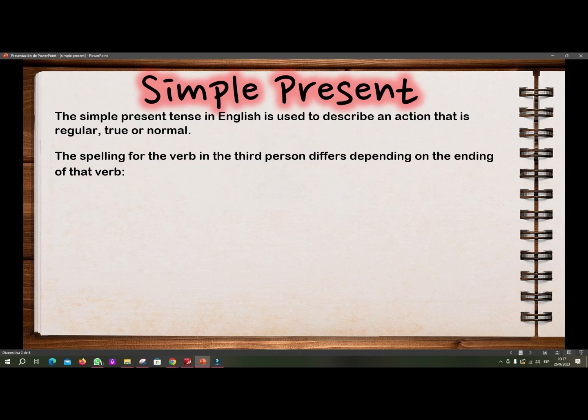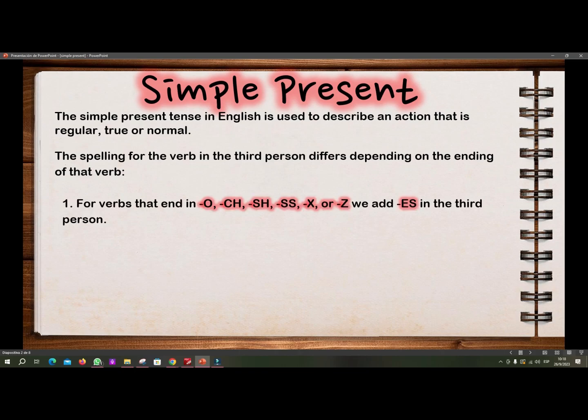Lo vamos a utilizar para describir una acción regular que ustedes hacen frecuentemente, que sea verdad o normal, por ejemplo, cada día, cada martes, cada semana, etcétera, ¿verdad? Y también hay una forma de utilizar los verbos con la tercera persona. Eso es lo que hace diferente el uso de he, she, it con los demás pronombres o los demás sujetos. Vamos a ver las reglas.